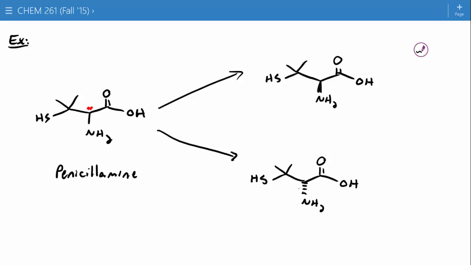The top one, where the nitrogen is shown with a wedge, is toxic. It'll kill you. You don't want to ingest this. The bottom one, where that nitrogen is shown with the dash, is used for a variety of different treatments, but primarily it's used for rheumatoid arthritis.